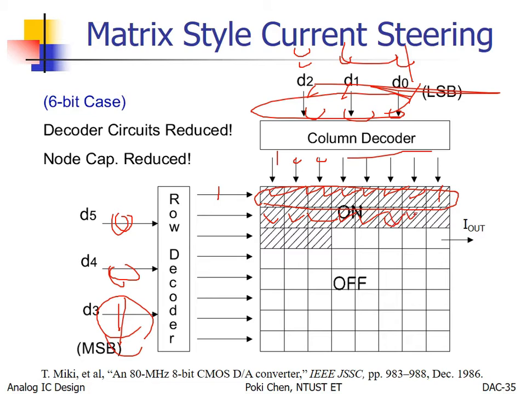Right? 7. And then here it increases to 0, 1, 0. So 2 of the outputs from the row decoder will be 1s. Right? So I'm also 1. So this one will also be turned on. So what does it mean?